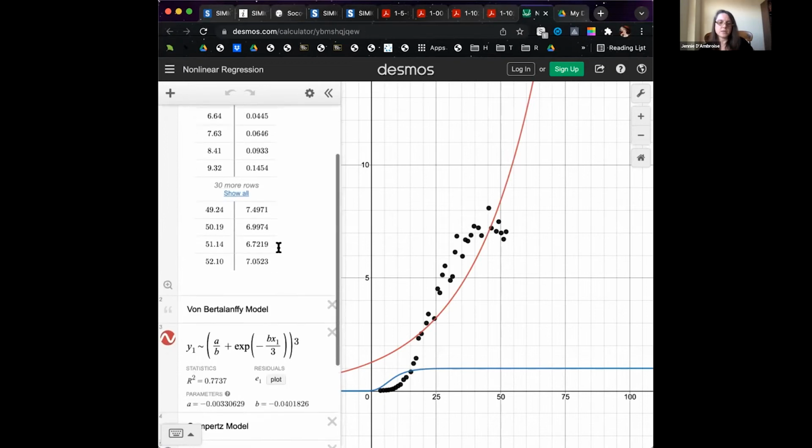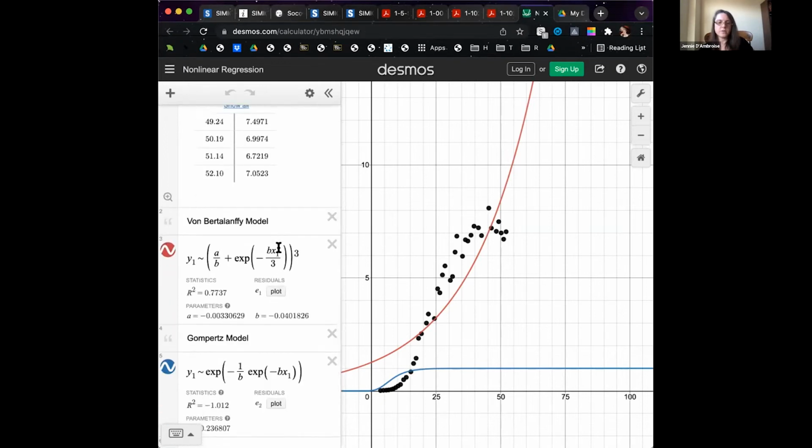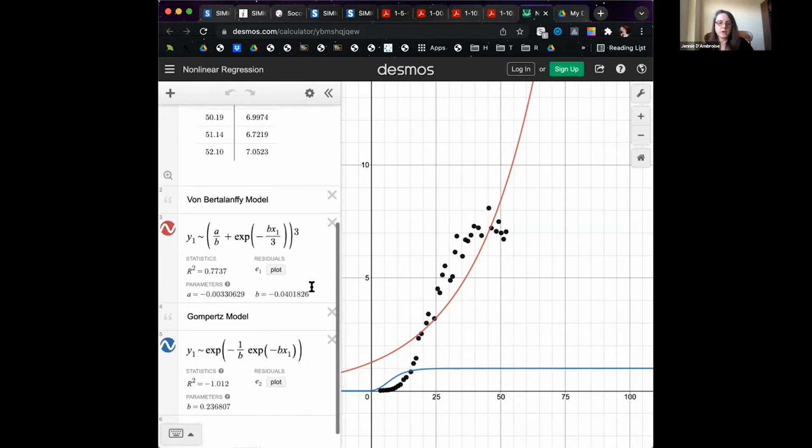And as you can see, the two different models that we're comparing here, they're definitely not doing a good job of modeling the data right now, because we haven't modified the parameters correctly. So what the students have to do is to try and figure out what's the extra letter that I have to put into this equation to make this model actually match up with the data.